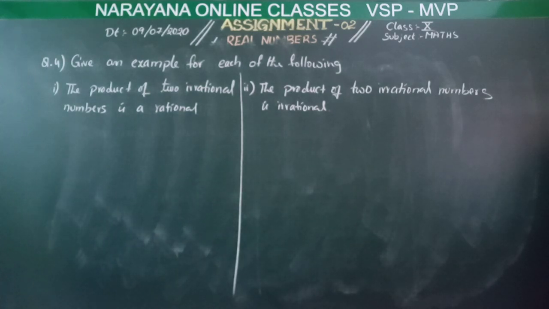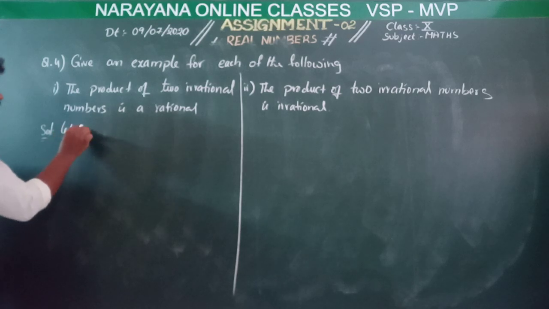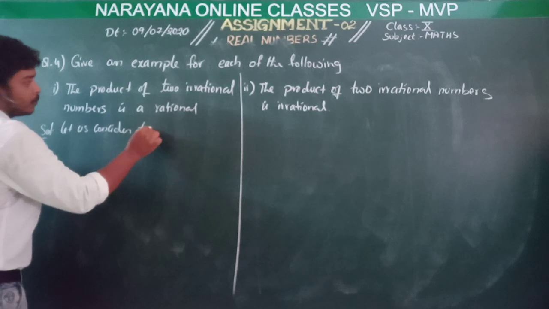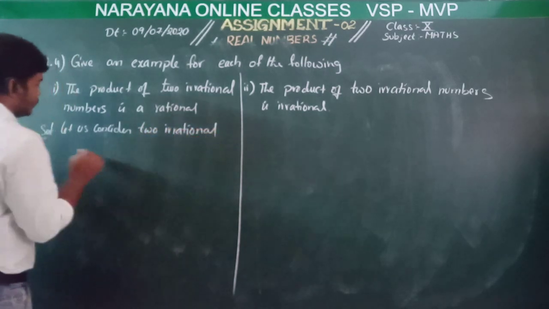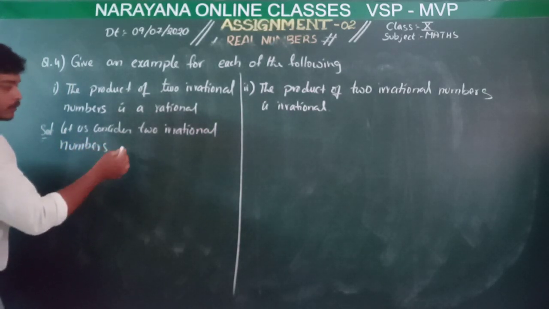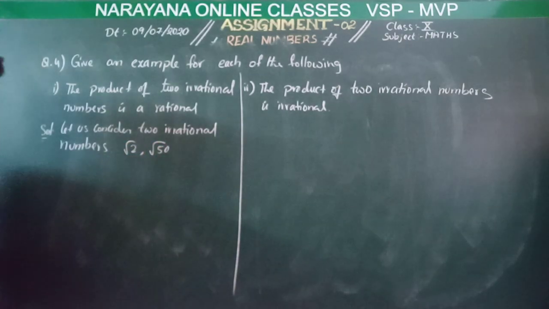He is asking for an example. So first one, let us consider two irrational numbers. For example, root 2 and root 50. These are two irrational numbers.